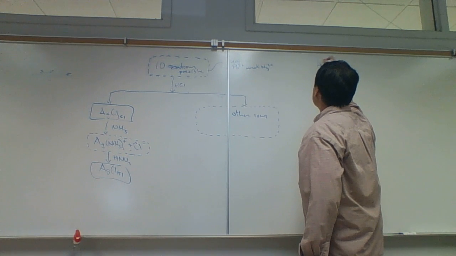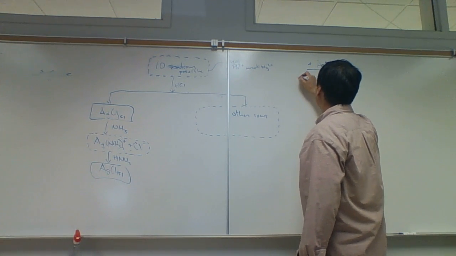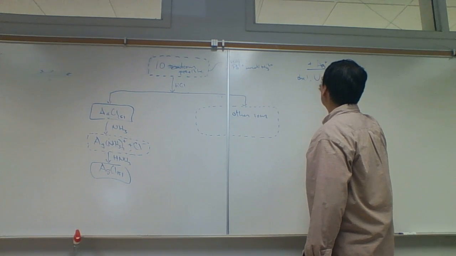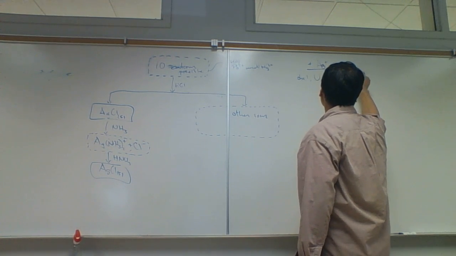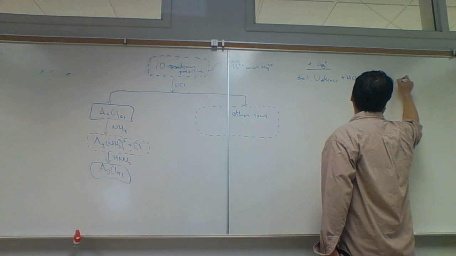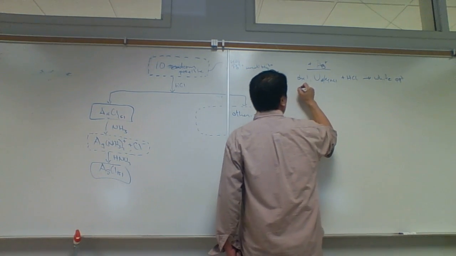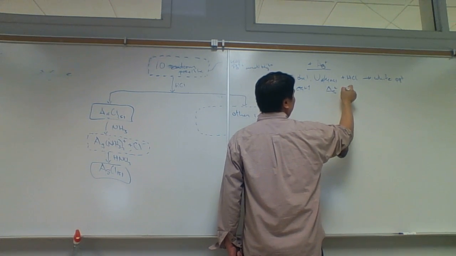And so if we get a positive for silver ions, then what we have is our initial observation, we'll call it observation 1: our unknown aqueous plus HCl yields a white PPT. That PPT is, we look at the equation for 1, because silver ions react with chloride ions.